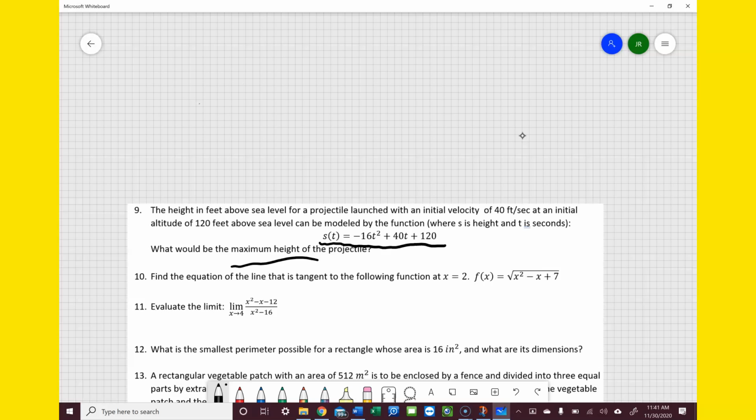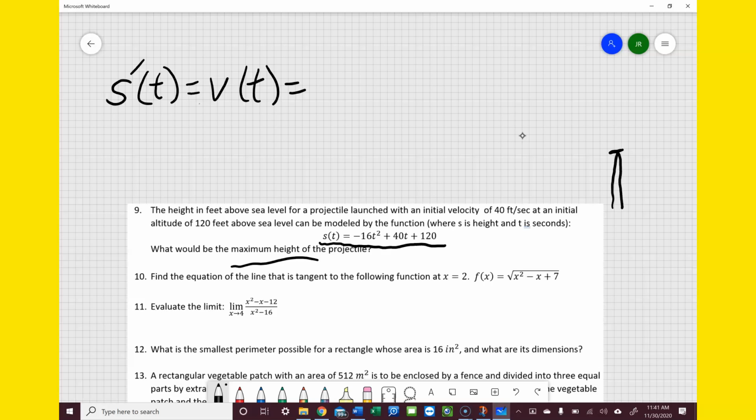But the calculus way to do this is to take the derivative of the position, and the derivative of the position, s prime of t, gives us velocity. And when you get to that maximum height, that's when your velocity is 0 for an instant.